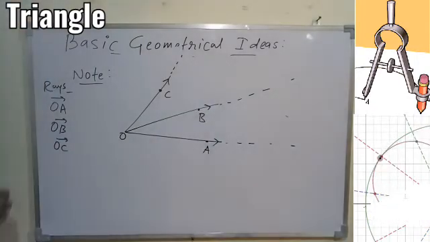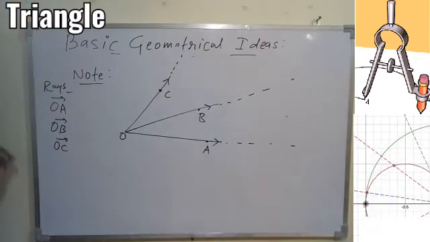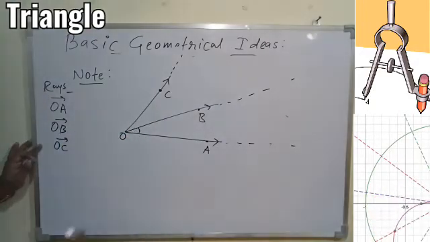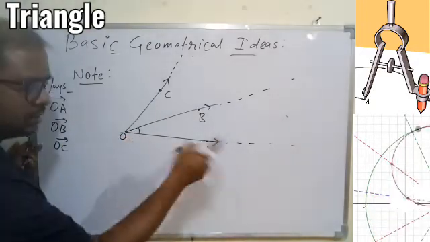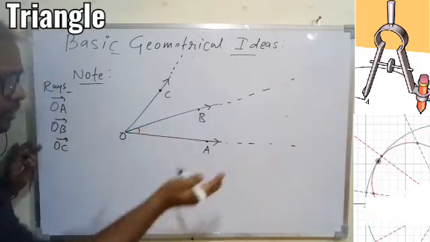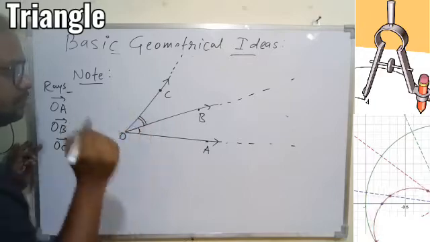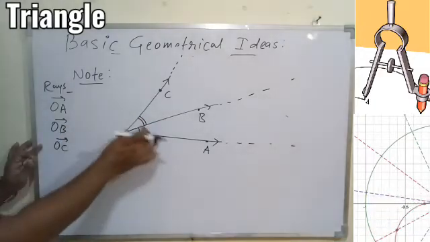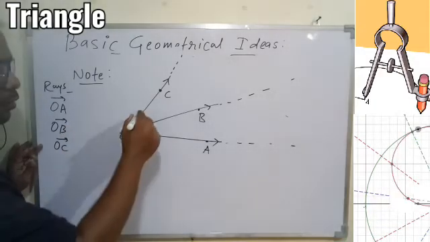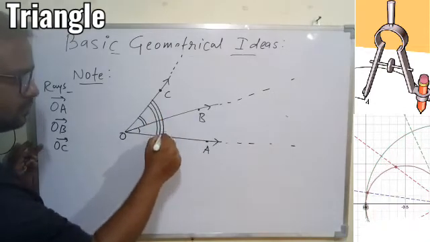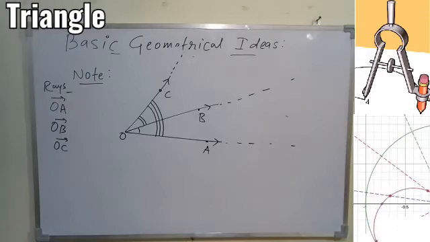Now how many angles can you see? In this one, very first you can see this angle, between the rays OA and OB. You see a second angle here, so I am marking double lines. One line is for one angle, two lines for the second angle, and the third angle is also there, so I'm marking three curves here.